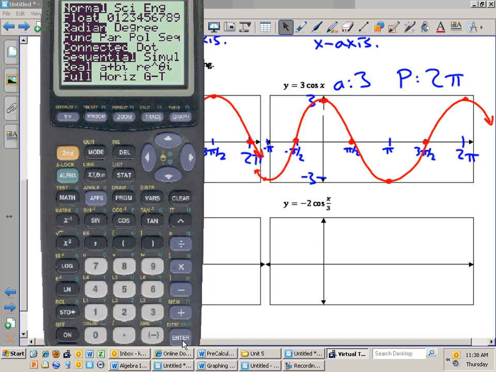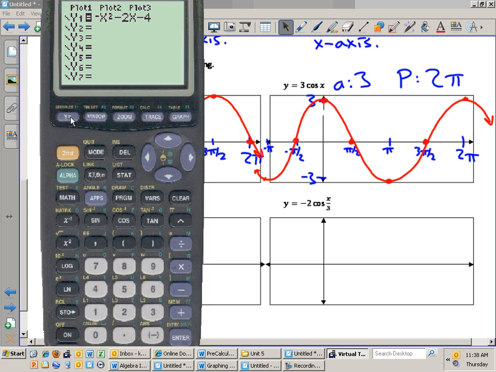We are working in radians, right? As I graph this, 3 cosine of x.